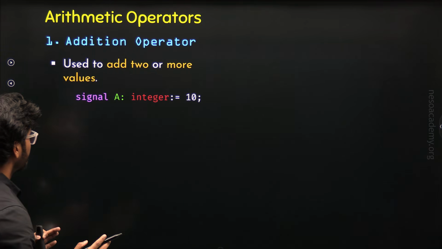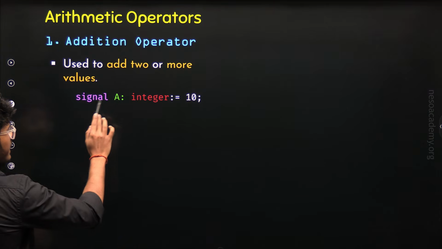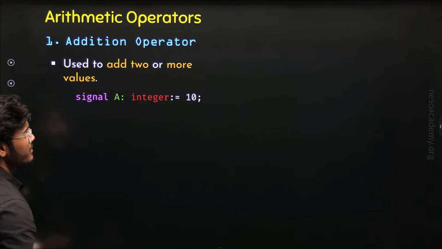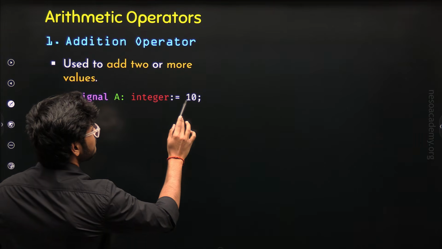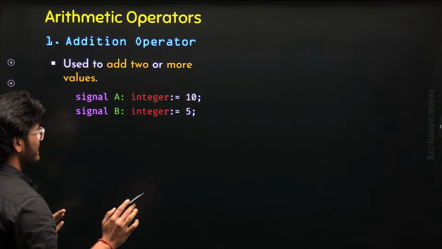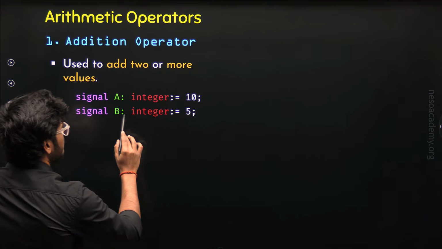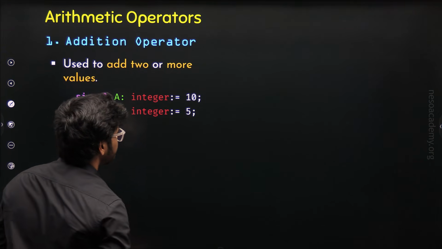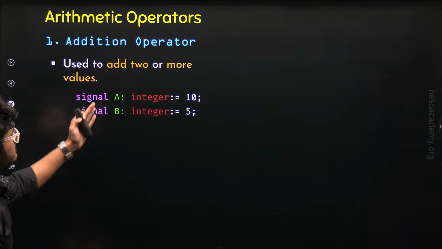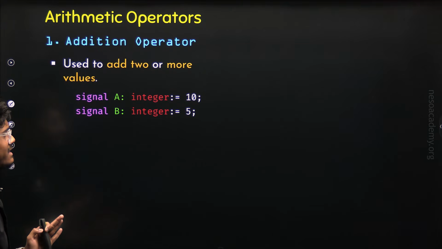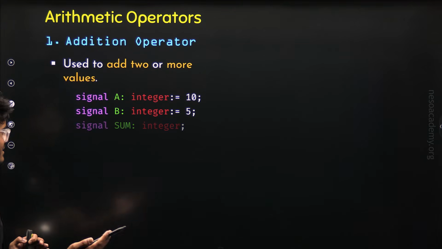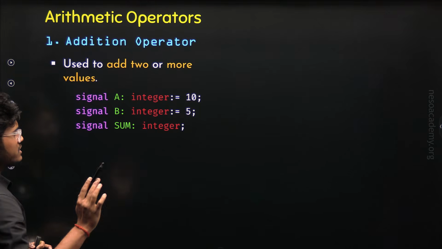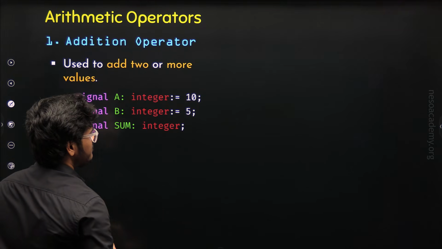For that, I am taking a signal named A with integer data type and assigning a fixed value 10. Then I am taking another signal which is also an integer data type, and assigning a fixed value of 5. Now I want to add these two values and store the result inside another signal. Example, sum, which is also an integer data type.